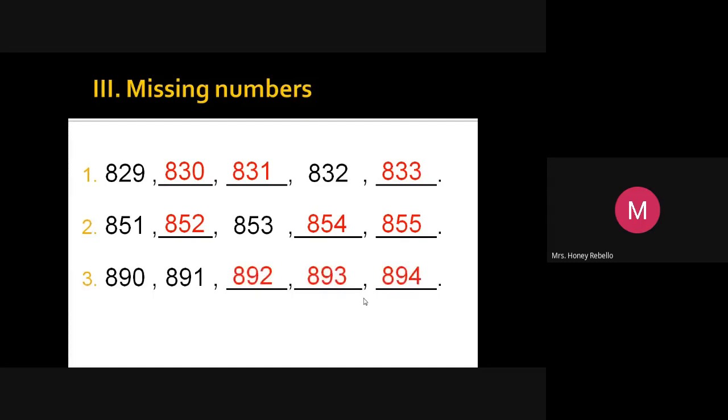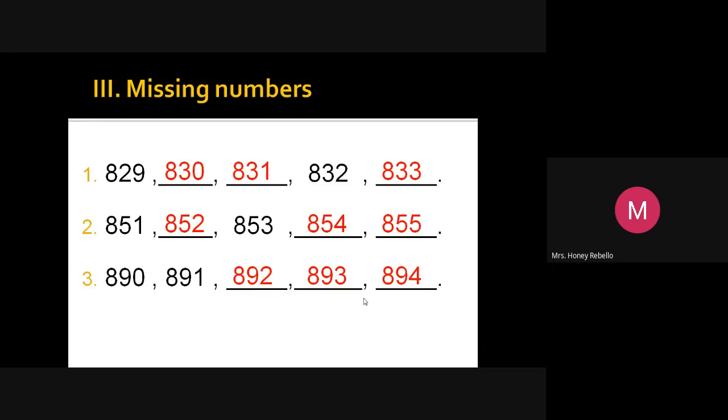After 891, 892, 893. See the ones place numbers, hundreds place and tens place is the same. So you just say 0, 1, 2, 3, 4. It goes on like that. 893, 894. Just have a look at all the numbers. I know that you must have finished all that. No need to answer. Take a next page.